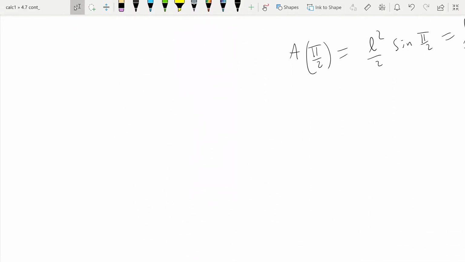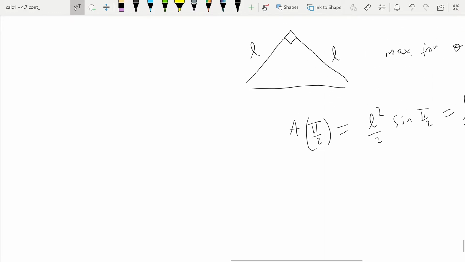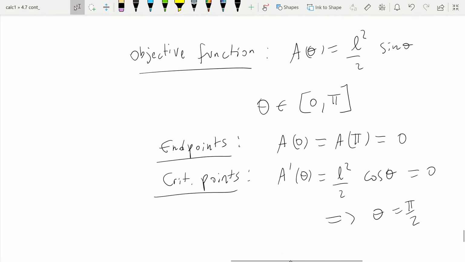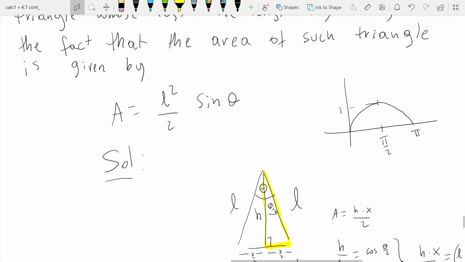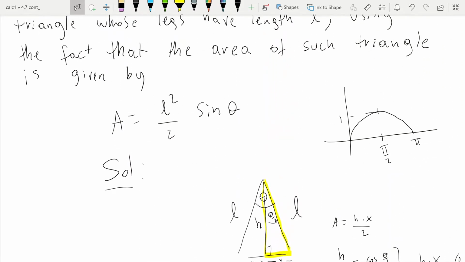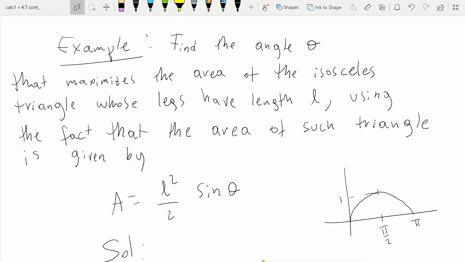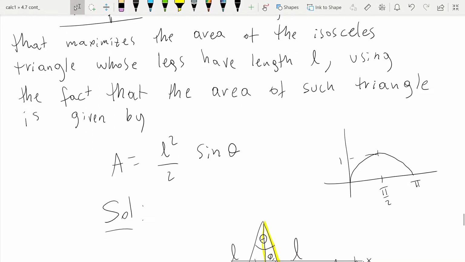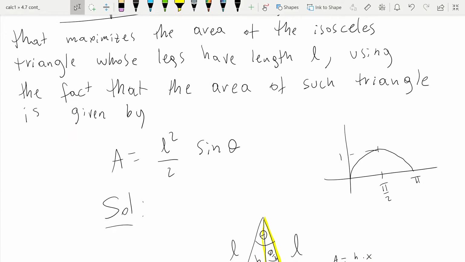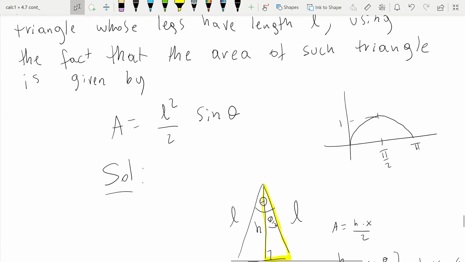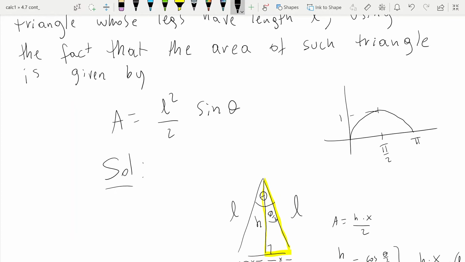Okay, so that's what I wanted to convey with this example. Be very mindful of the variables that you choose, and sometimes when you don't have to show your work and you want to save some time, if you have something like some constant times a trigonometric function, identify the interval.